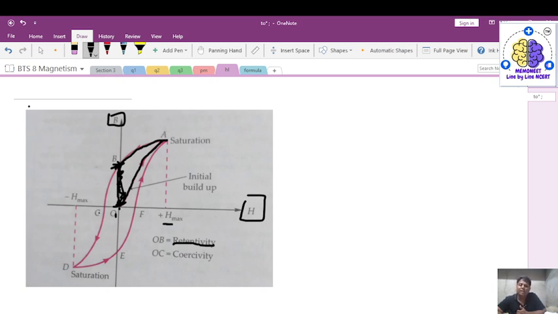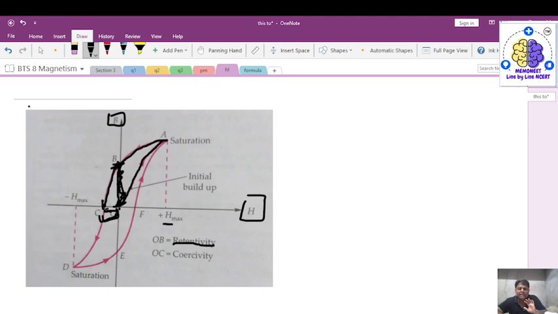Now at this point C, B is equal to 0, but H has reached some negative value. To demagnetize the substance completely, I will have to apply some reversed external magnetic field, and then the entire magnetic property will disappear from it.